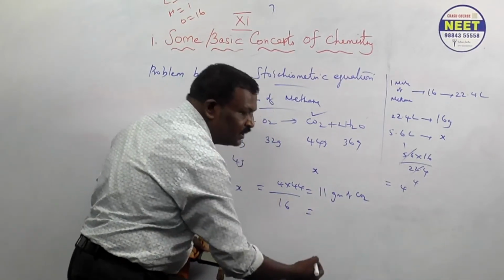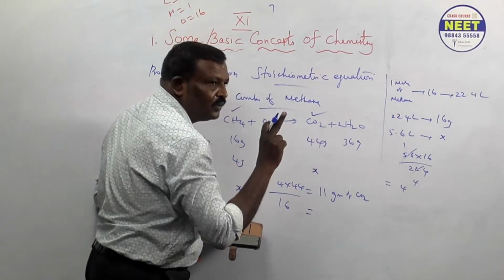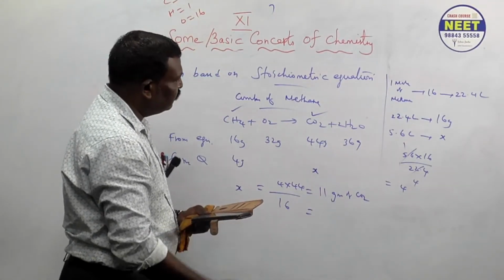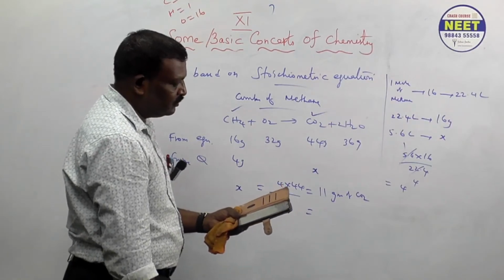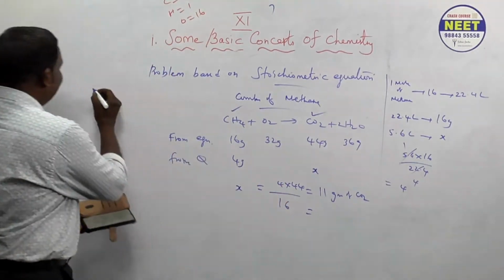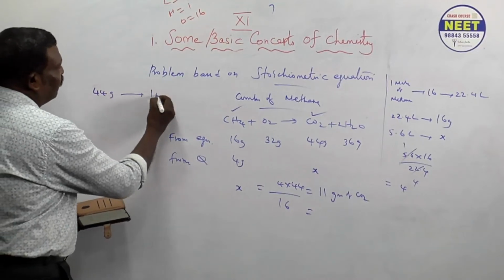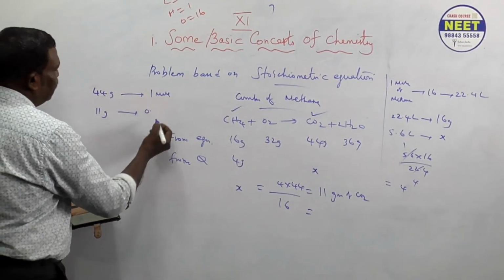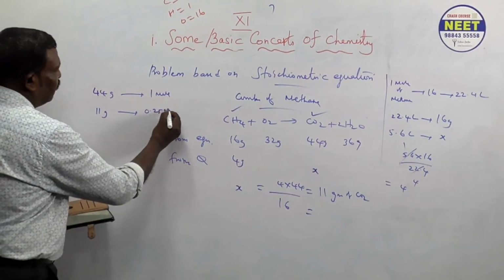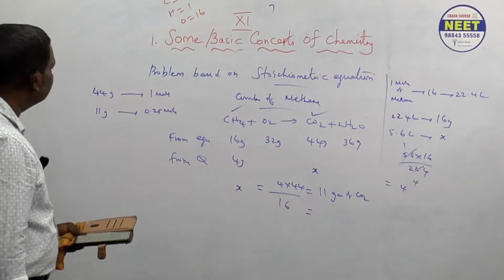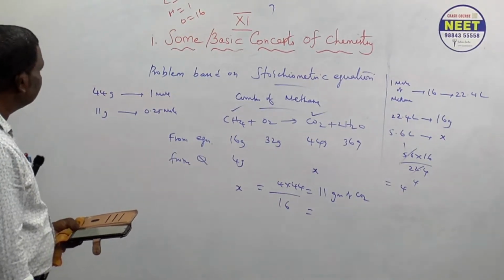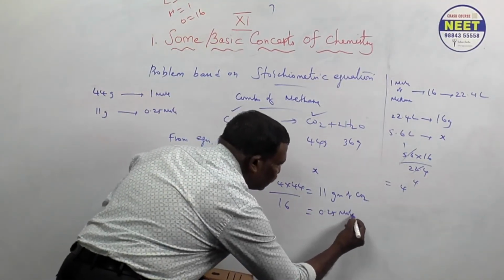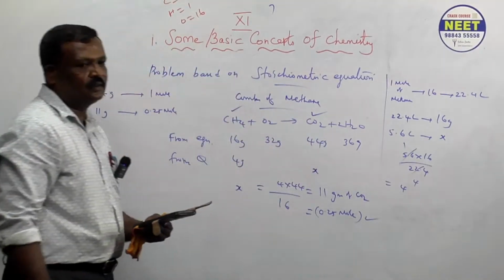They are asking only moles. 44 grams is 1 mole. 11 grams is what? 0.25 mole. Correct. That's the question.